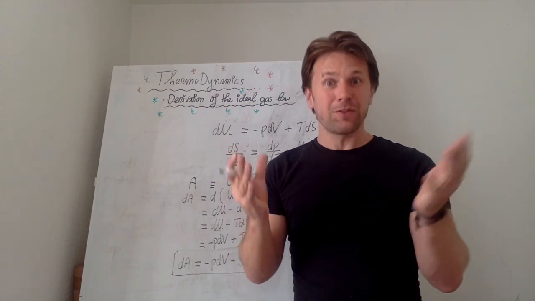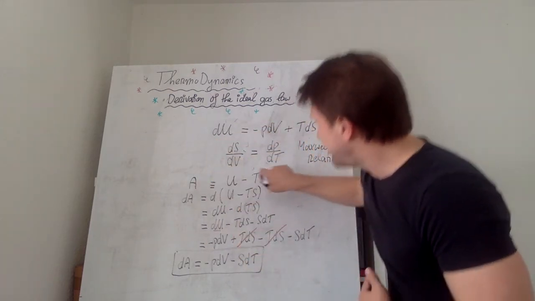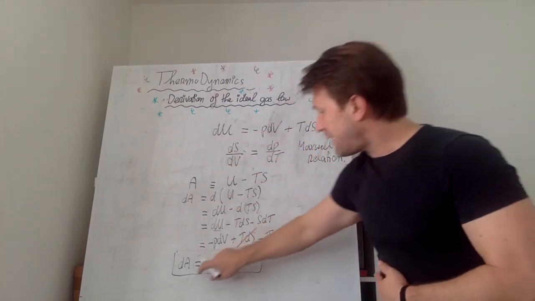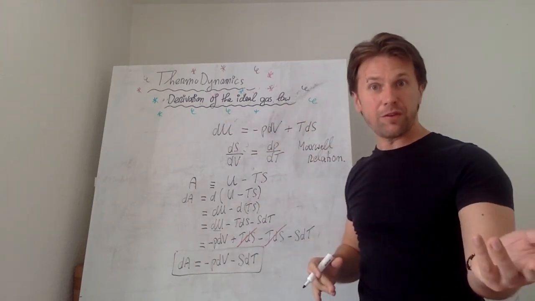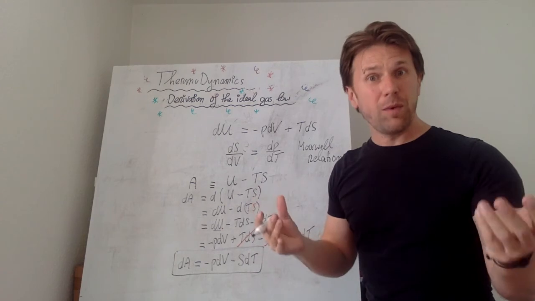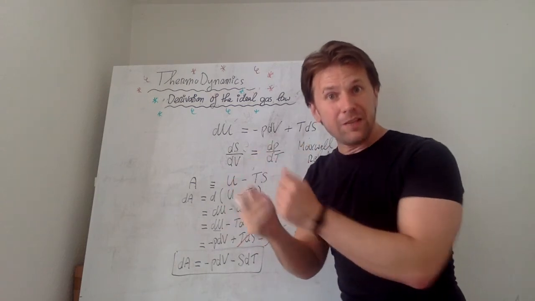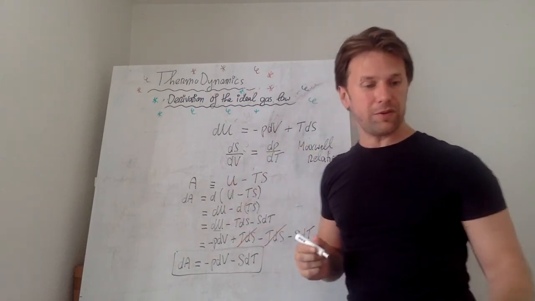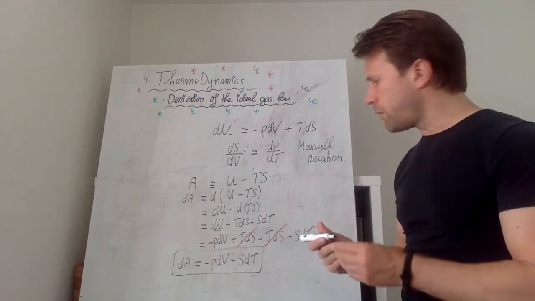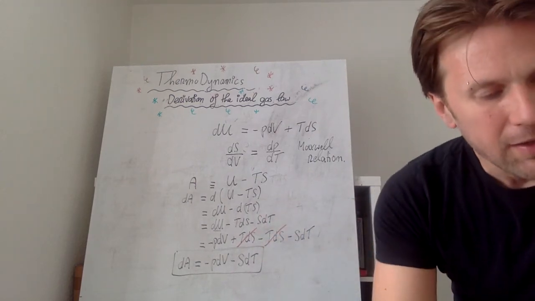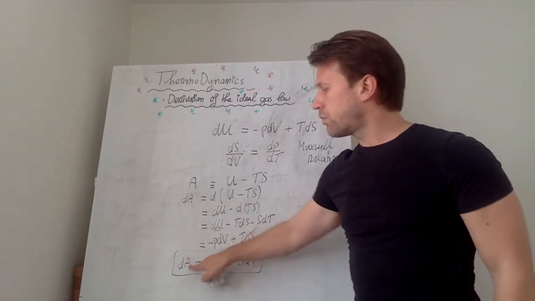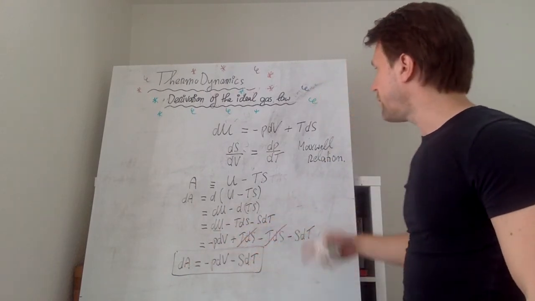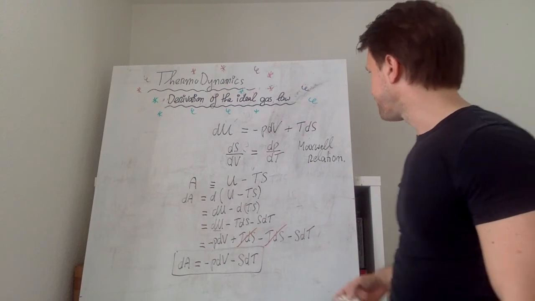So Helmholtz defined this new energy such that its change contains the same information as the original first law of thermodynamics, but just expressed in things that are easier to measure than the original version. So this is the Helmholtz energy and the first law. So I'm going to replace all this because I'm now going to work with the Helmholtz energy to ultimately prove the Maxwell relation.